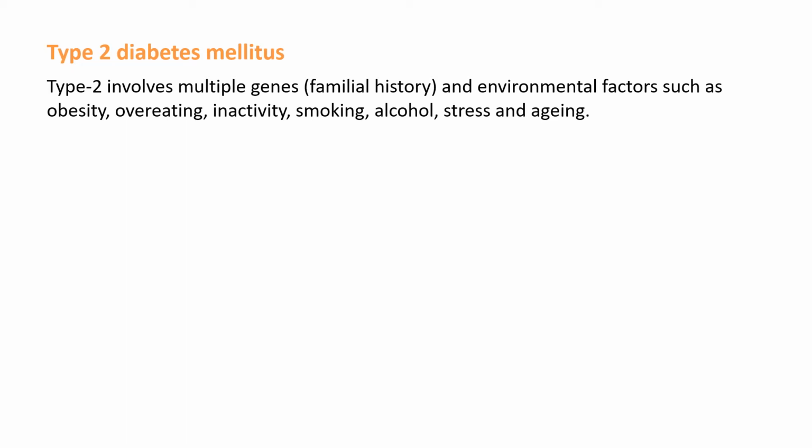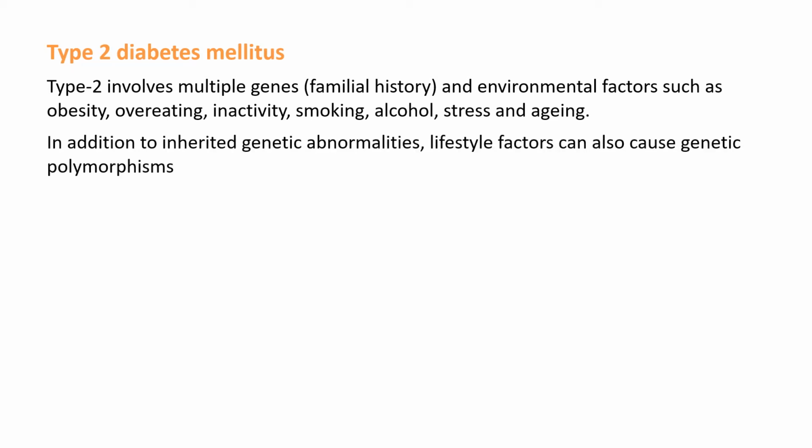Not that we have a huge control over aging, but maybe some of the others. So in addition to the inherited genetic abnormalities, lifestyle factors can then also cause genetic polymorphisms. They may change gene expression.